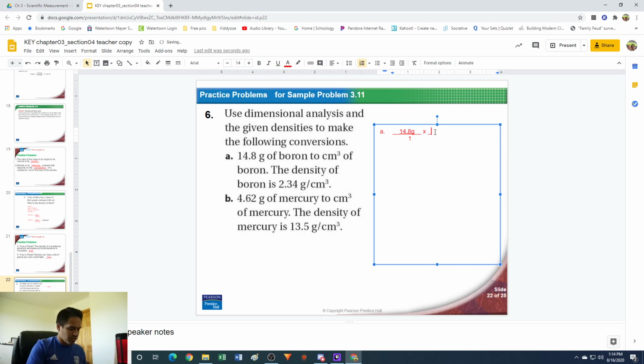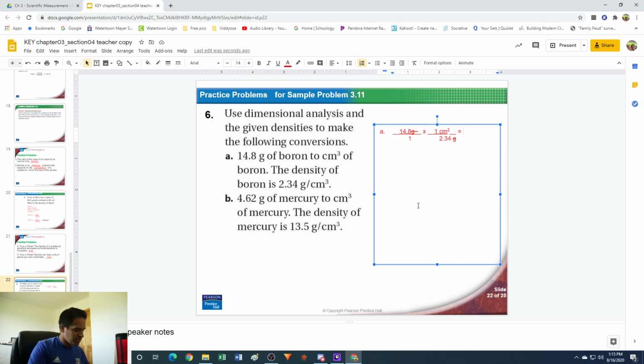So when we write it here, we're going to have 1 cubic centimeter on the top, and 2.34 grams on the bottom. And again, we're going to do this so that grams is going to cancel with grams. And then we just need to do our math out. So take 14.8 divided by 2.34, and then we're going to round this to 3 significant figures based on the numbers we're given.